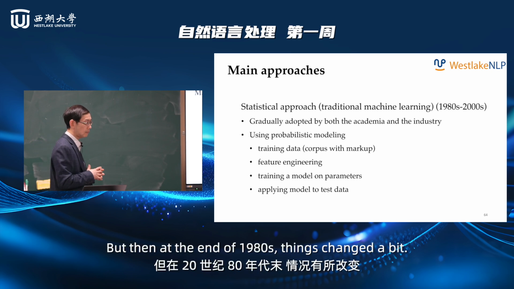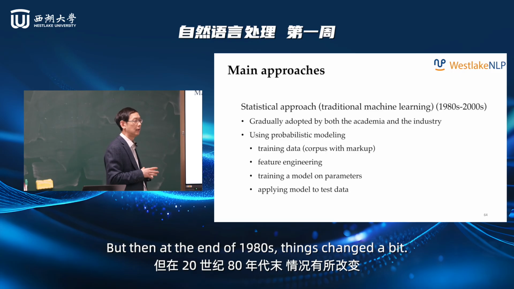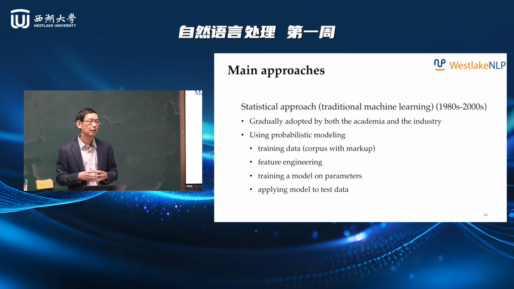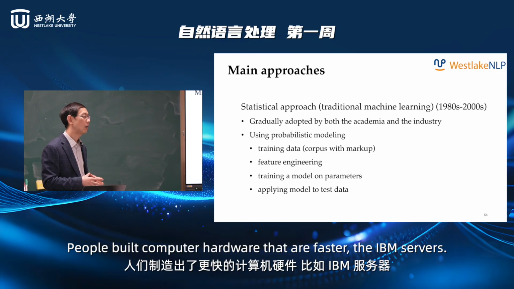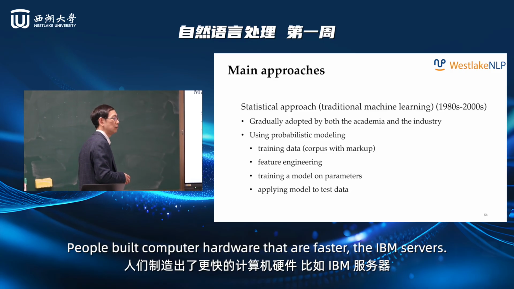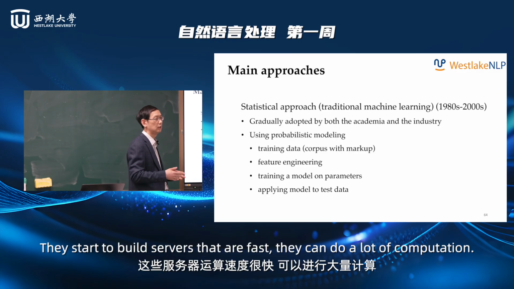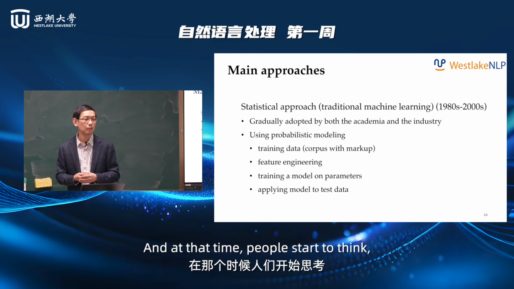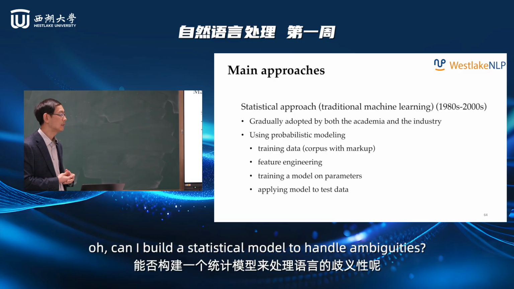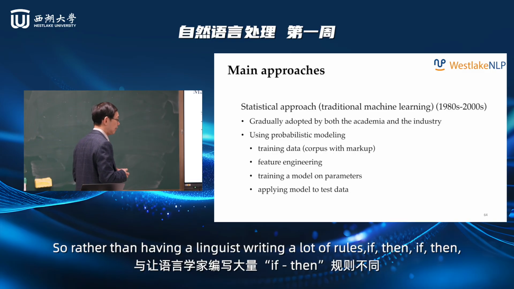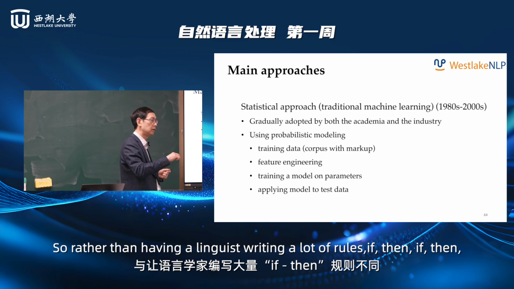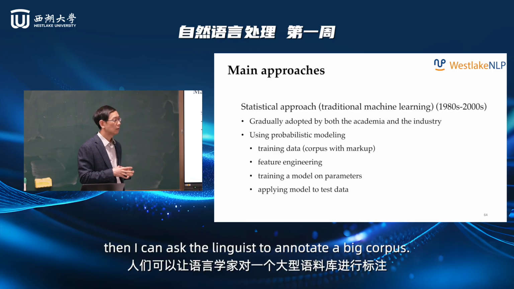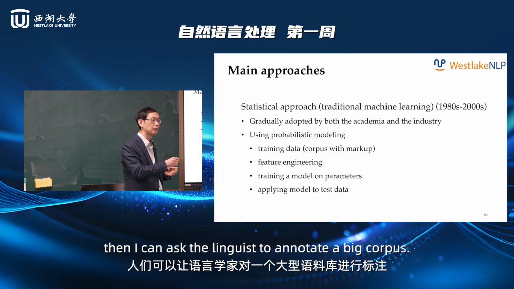But then, at the end of the 1980s, things changed a bit. People built computer hardware that was faster. The IBM servers, right? They started to build servers that were fast and could do a lot of computation. And at that time, people started to think, can I build a statistical model to handle ambiguities? All right. So rather than having a linguist write a lot of if-then rules, I can ask the linguist to annotate a big corpus.